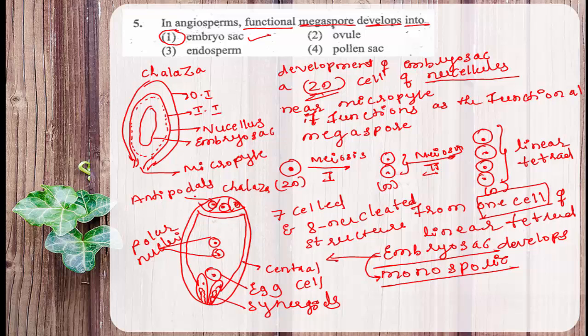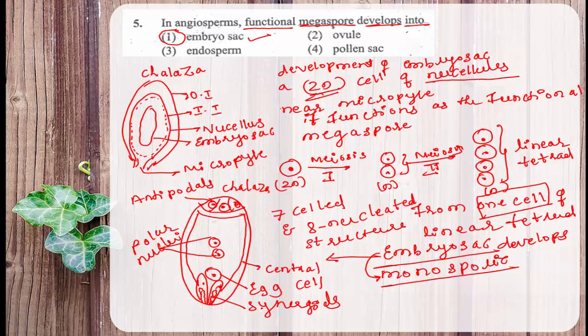3 are antipodals, 1 central cell, 3 plus 1, 4, egg is 5, fifth cell, 2 synergids, 6 and 7. So totally 7 cells are present. 1, 2, 3 nuclei from antipodals, 2 polar nuclei from the central cell, 3 plus 2 becomes 5, 1 nucleus of the egg, 6, and 1 nucleus of a synergid, another nucleus of the other synergid.